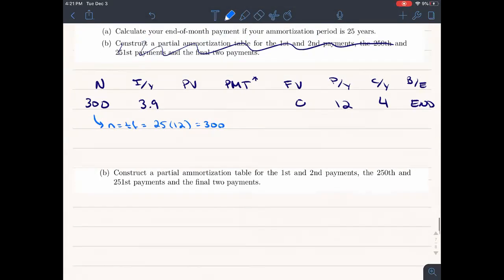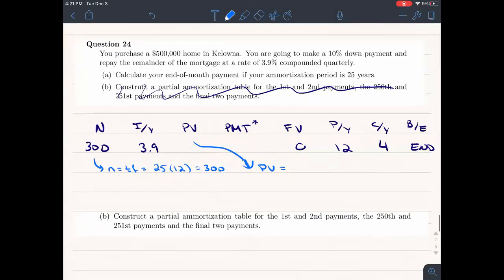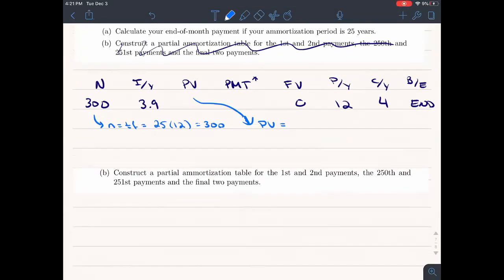And so what I have to find, though, is my present value, which is the value of the mortgage, right? It's not the 500,000. It's the 500,000 less the 10% down payment. So it's 500,000 minus 500,000 times 0.1, or however you want to do it.